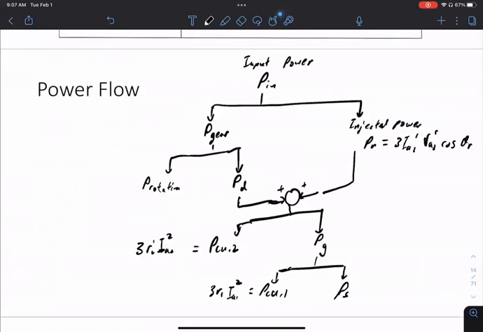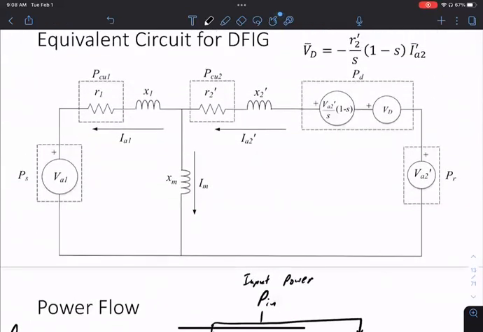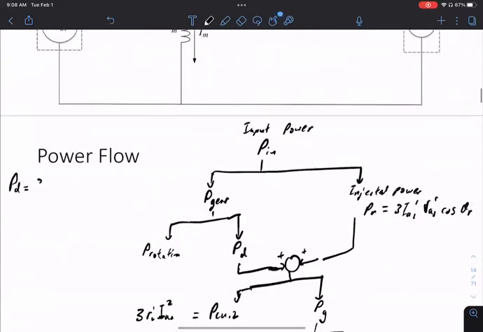So the PD part is more interesting. If you look at the developed power, again, there are two components to it. One comes from the VD, the developed voltage, coming from R2 prime, and one from VA2 prime over S. So this becomes 3 VD prime cosine theta D. That's one part.